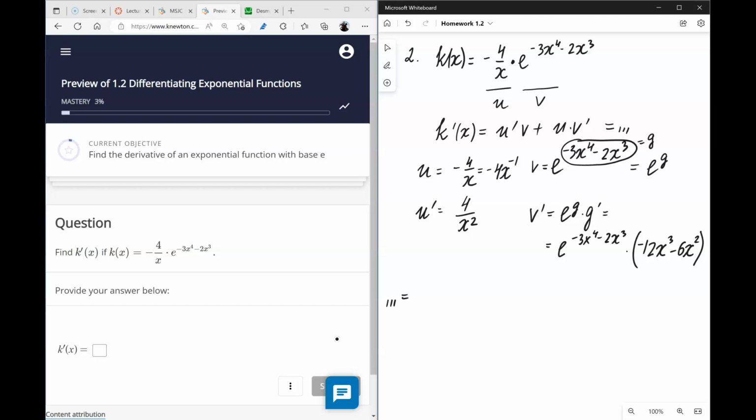So now we can find the derivative of k. It's going to be u prime times v plus u times v prime.